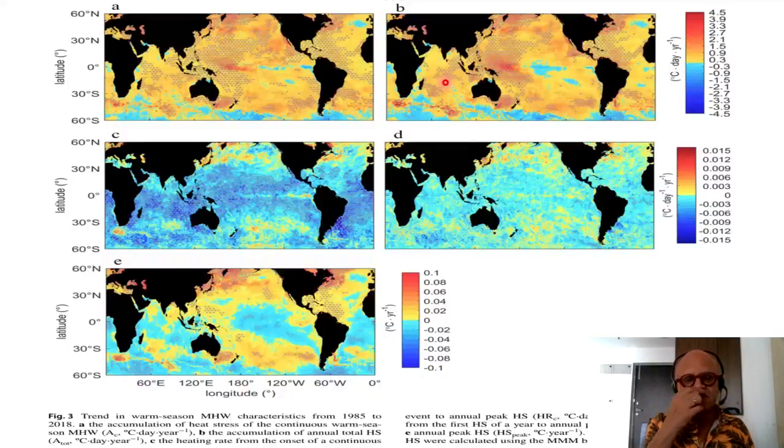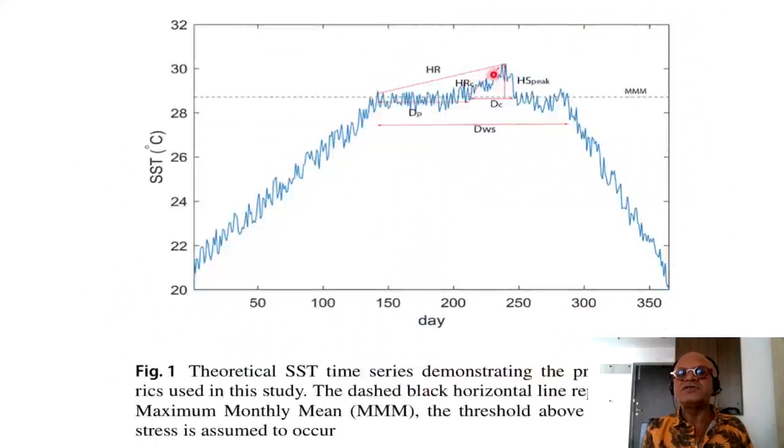Remembering that accumulated stress is important, we have to add some physics to explaining why the heating rates are decreasing at the same time that duration and accumulated heat are changing or increasing. Okay, so C is the heating rate from the onset of a continuous event to the annual peak, so that's the HRC. So that is this here.